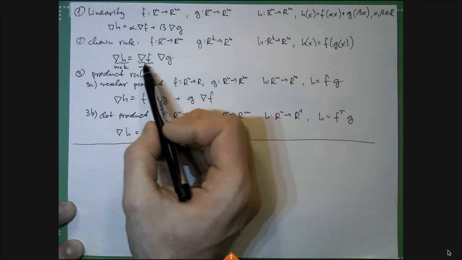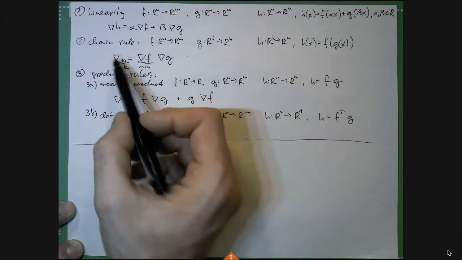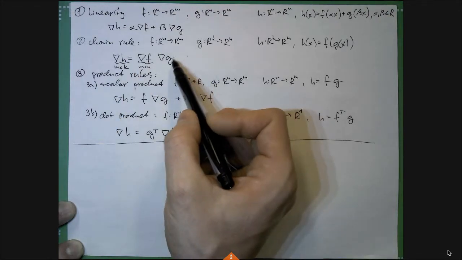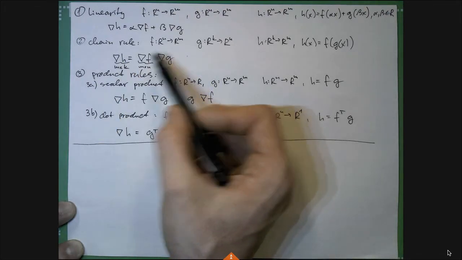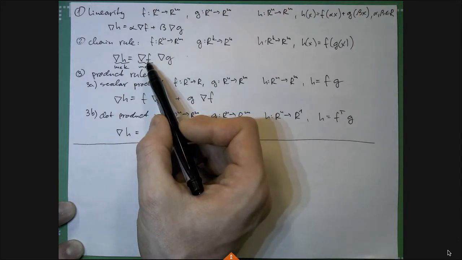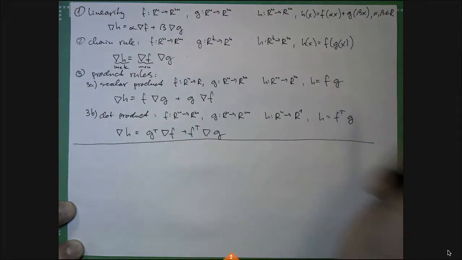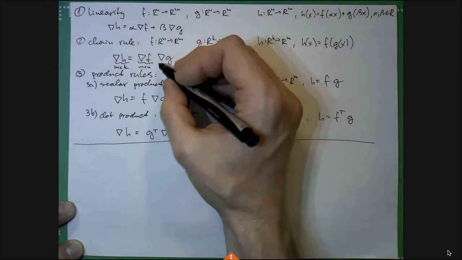At what point? Here it's slightly tricky. If I'm evaluating this at point X, then G will also be evaluated at point X, but the gradient of F certainly cannot be evaluated at X, because the dimensions would not agree. I need to evaluate this at G of X. It's sort of obvious, but that's the chain rule.